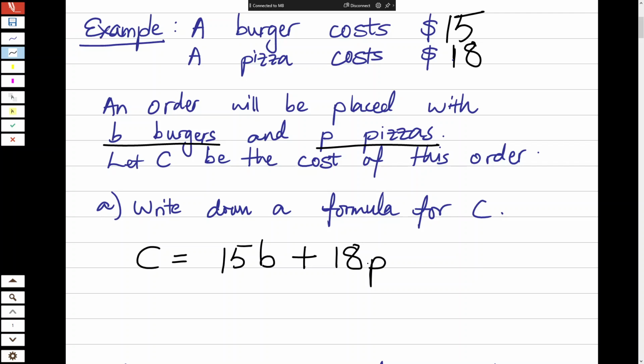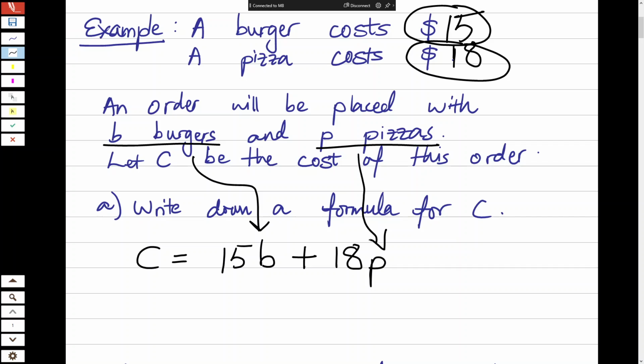All right. If this is the first time you're doing something like this, it might look a bit hard. Let me show you where the stuff is coming from. 15 is the cost of the burger. 18 is the cost of the pizza. And I'm ordering B burgers and P pizzas.